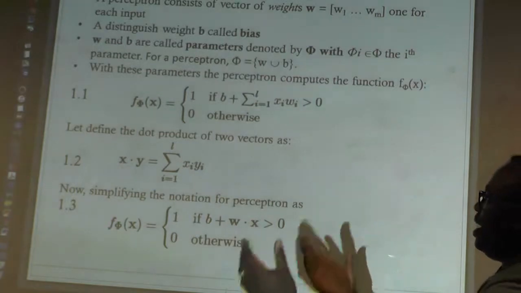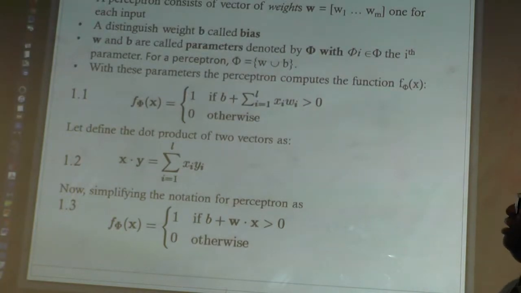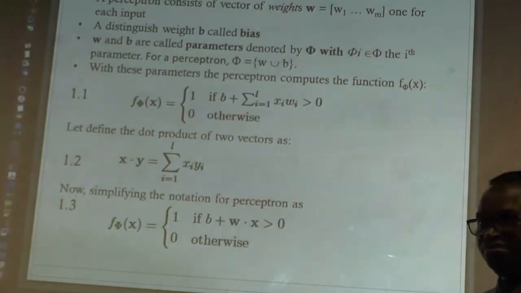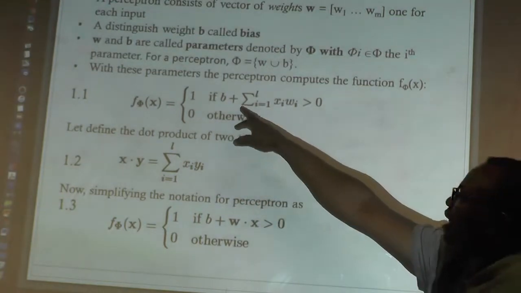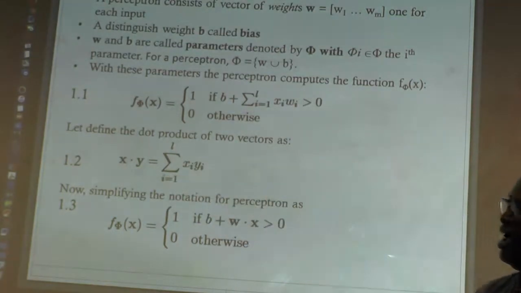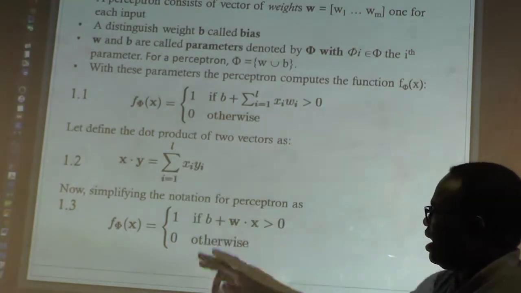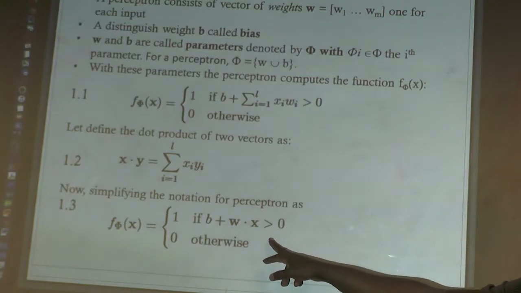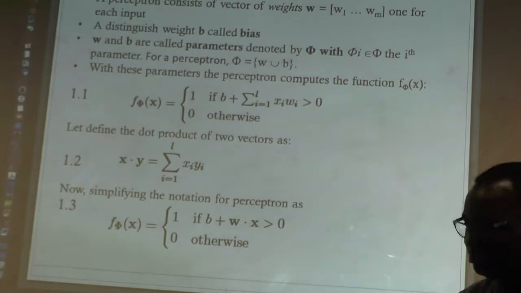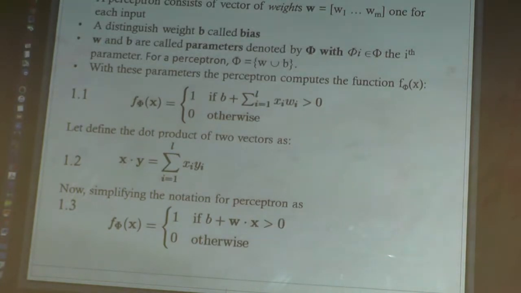Now, to manipulate this in terms of mathematics, we introduce dot products so that we get rid of that. We equate that to that. So in mathematics, we do a lot of tricks. So we introduce the dot product, and once we replace that with that, the equation becomes this. It's easy to write in terms of modeling. Okay? Are you still following?